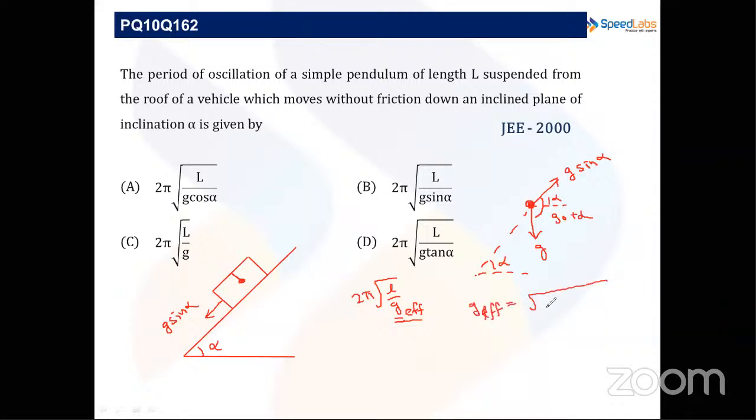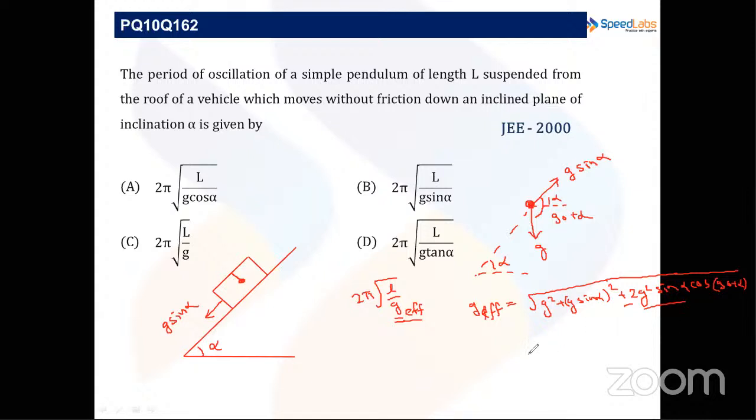under root G square plus G sine alpha whole square plus 2AB cos theta. So 2G into G sine alpha into cos of the angle between them, cos of 90 plus alpha, which is minus sine alpha.